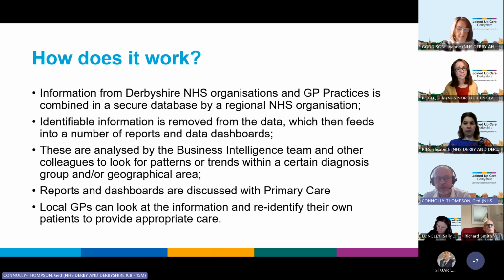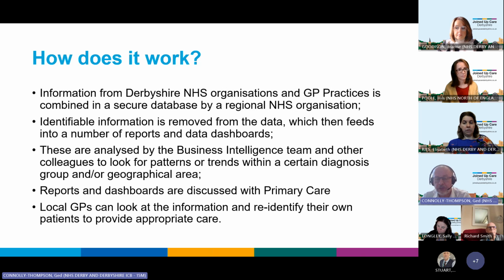The idea is that our business intelligence team and others in the ICB would run queries inside the Radar application, which supports our risk stratification work, and that would identify a number of patients who need to be seen by primary care. These are then shared back to GP practices, and the GPs can then re-identify their own patients. So the GP will be sent a list which is anonymised to us.